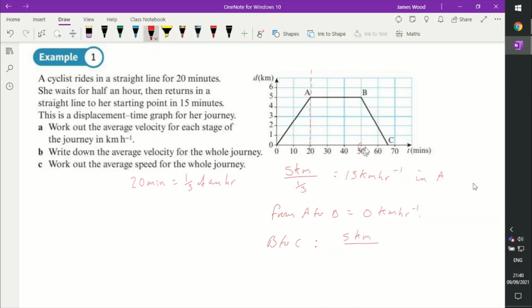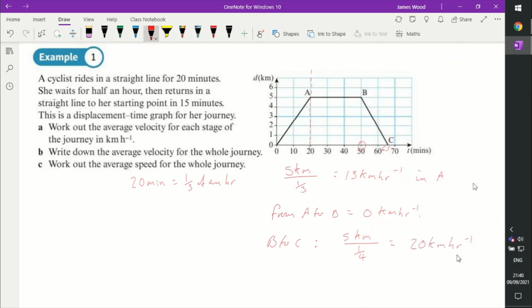And then the time goes between 50 and... it says this was 20, then she waited for half an hour, so that's up to 50, and then this bit's 15 minutes. This is going to be 65 here. So that's 15 minutes, which is obviously a quarter of an hour. So I'm just going to write a quarter, or you could write 0.25. So that's going to be 20 kilometers per hour.